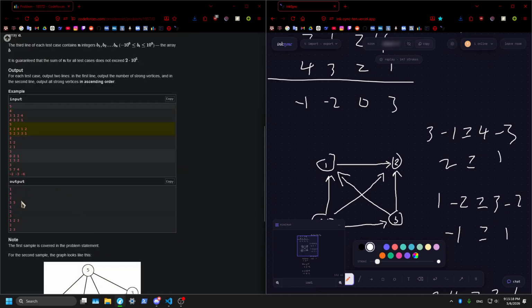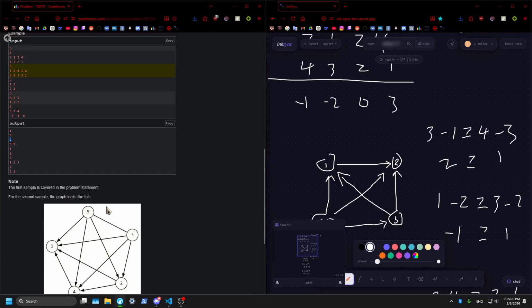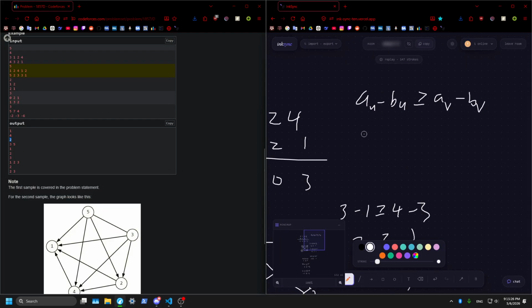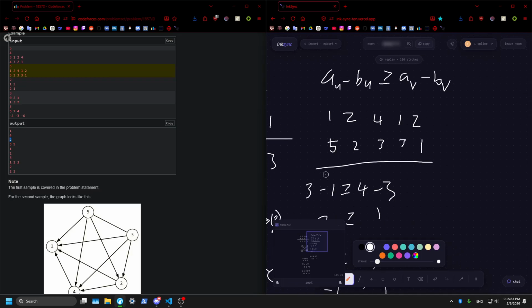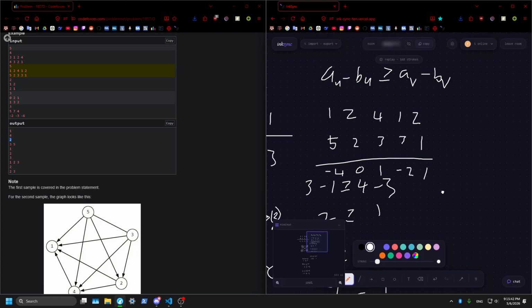In this second case, there are 2, 3, and 5. So 1, 2, 4, 1, 2, 5, 2, 3, 3, 1. Negative 4, 0, 1, negative 2, 1.